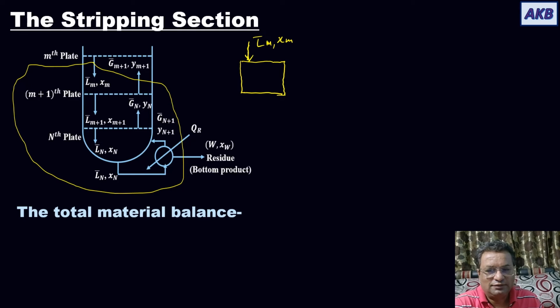Then you have the residue or bottom product stream that is going out, W, xw. Is there anything else? Okay, there is one more stream that is going out, that is G bar m plus 1, and mole fraction of A in it is ym plus 1.